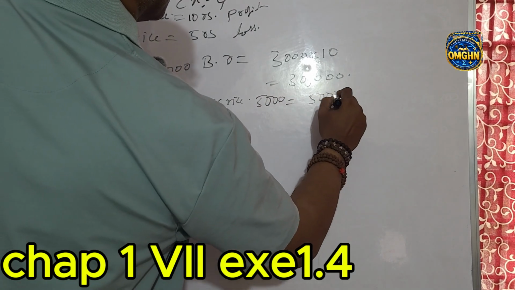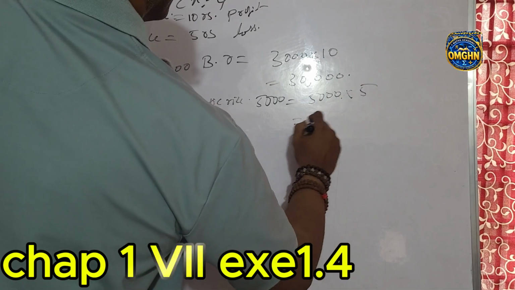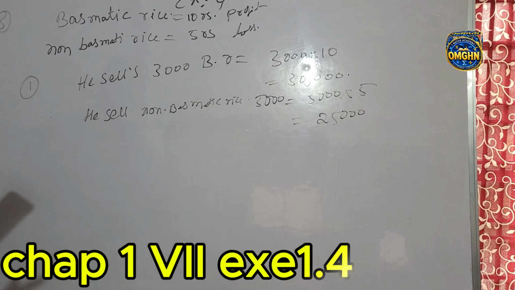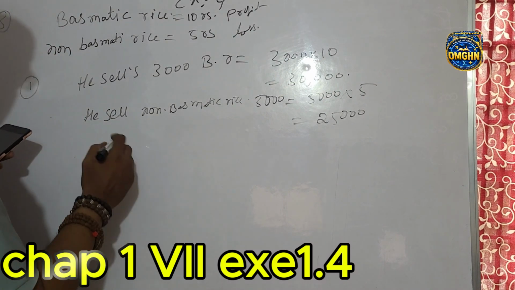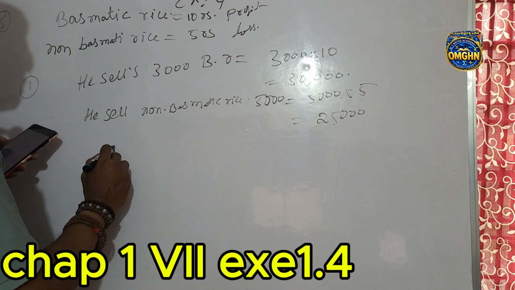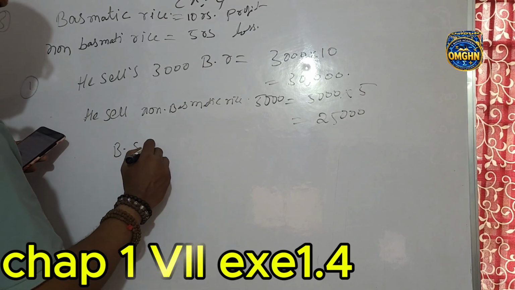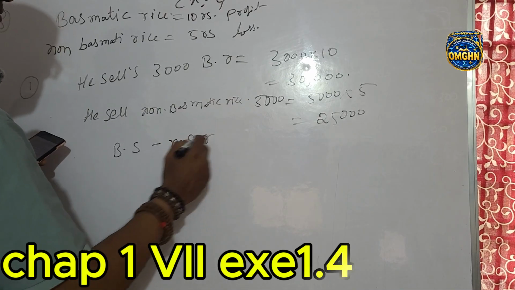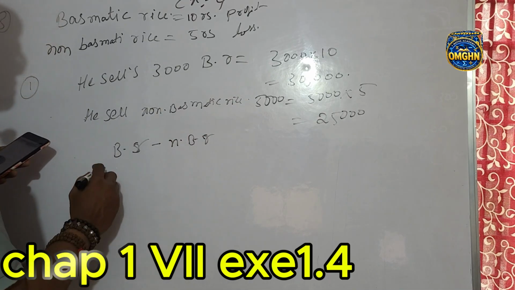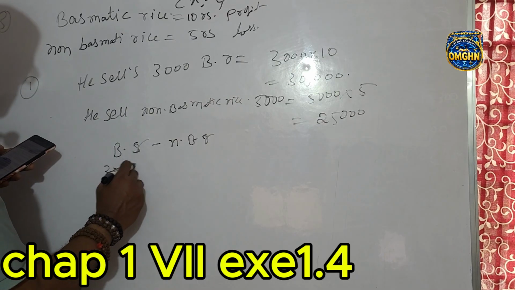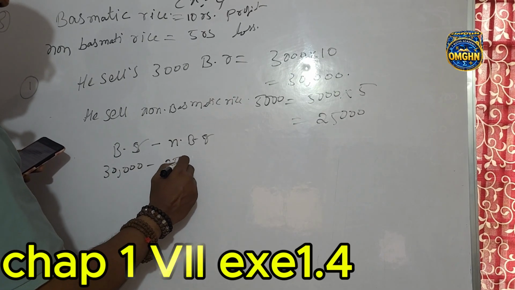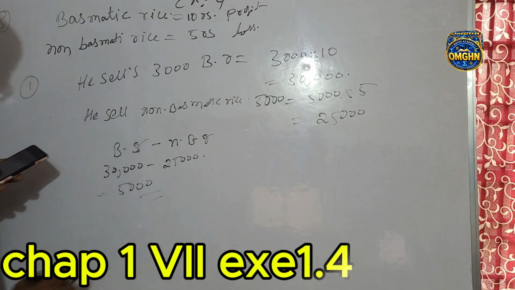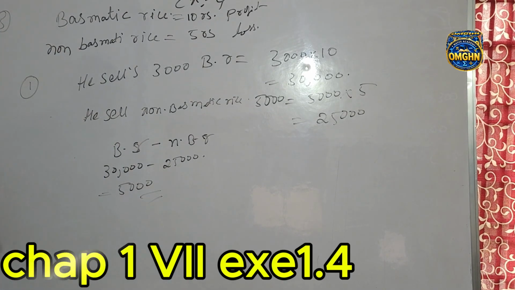That is 5,000 into 5, 25,000. So, what is the profit or loss? Selling basmati rice minus selling non-basmati rice, that is 30,000 minus 25,000. He is getting 5,000 profit.